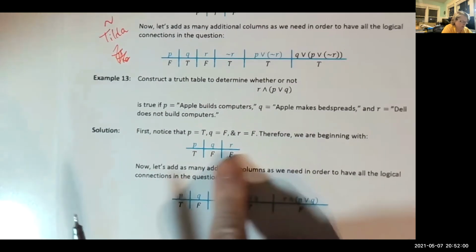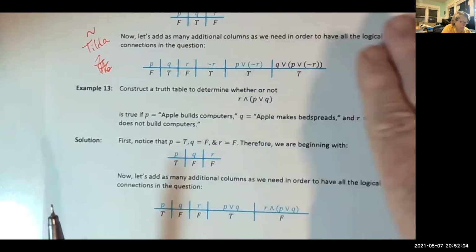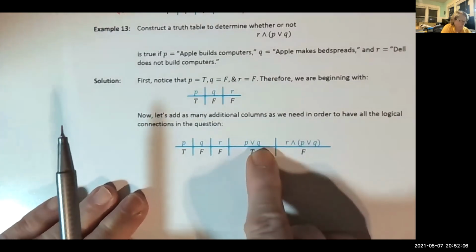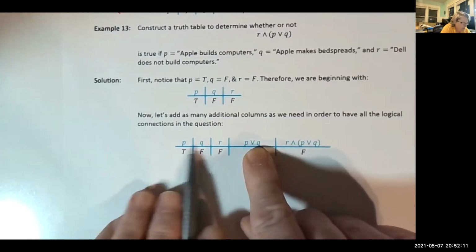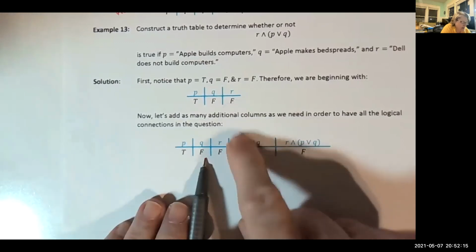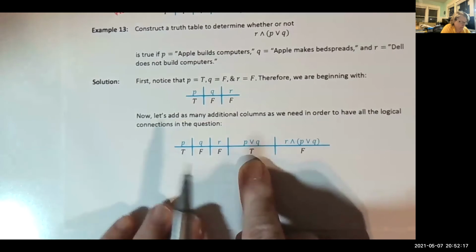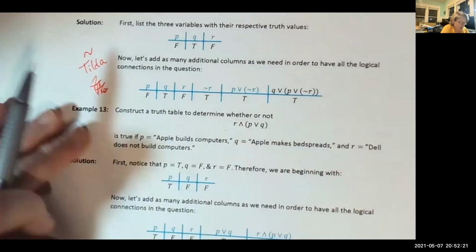The first thing we want to fill in is P or Q. So here's P or Q, and we're going to look back at P and Q and see if at least one of them is true. One of them is true, P is true. So P or Q is true. And then we're going to add R to that.